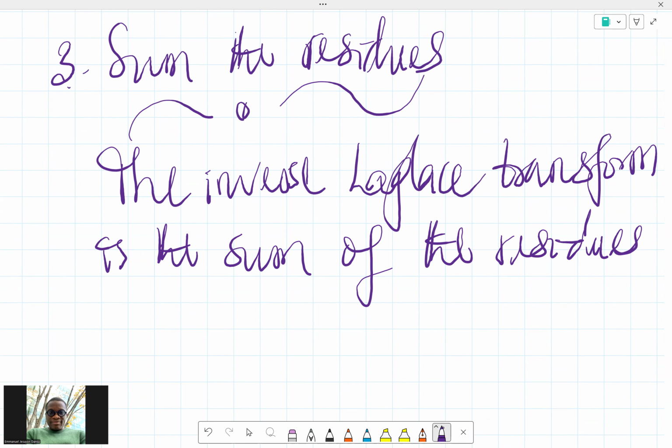Okay, let me get this clear. The inverse Laplace transform is the sum of the residues. Simple poles, residue at s equals minus 1.